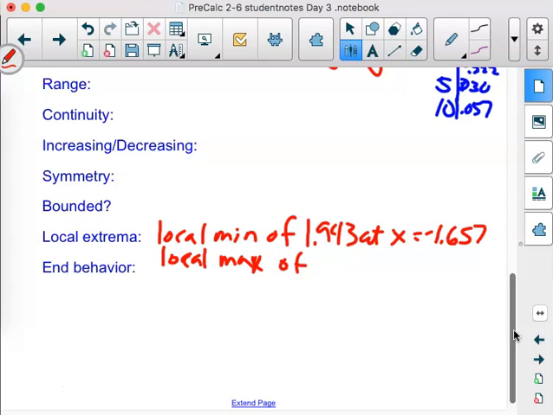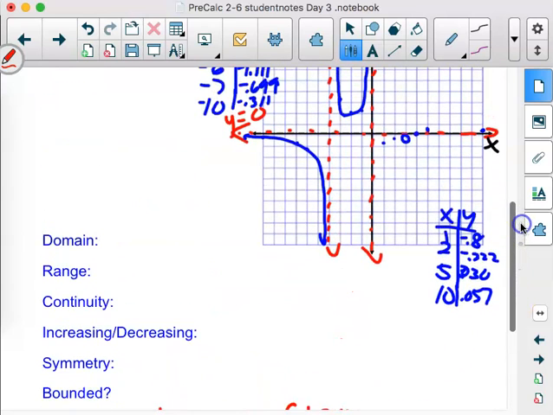Local max of 0.057 at x equals 9.657. So we wouldn't be able to make a big deal on the graph here because it's so far out, but we'll connect up what we can, making sure that we leave our hole as it is.